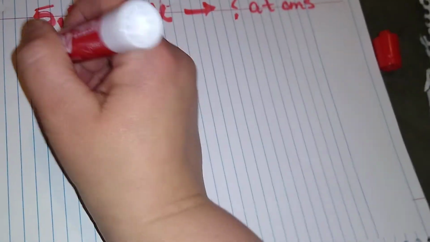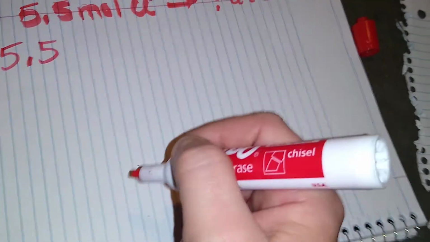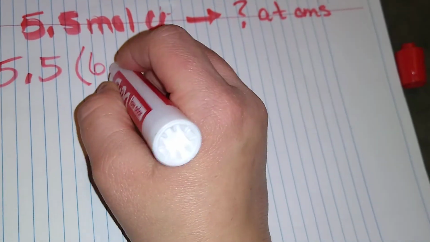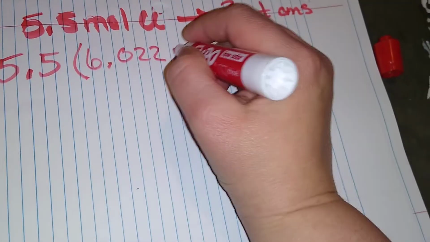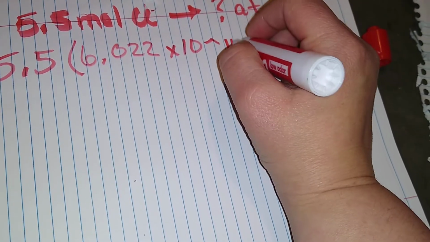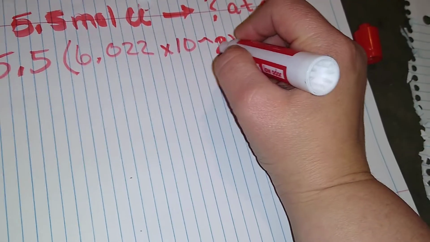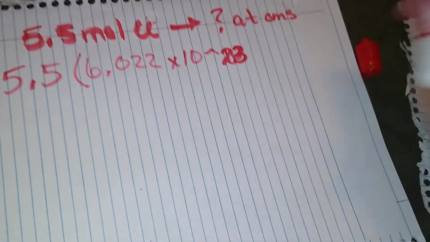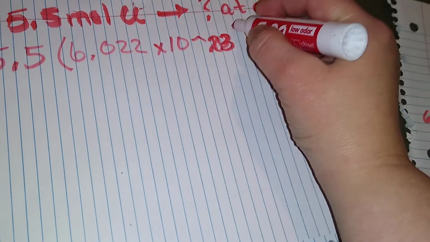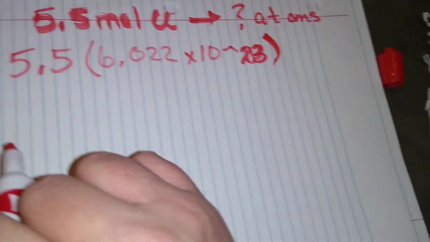So you're going to take 5.5 and multiply by Avogadro's number, 6.022 times 10, and then use the caret button, to the 23rd. I'm sorry, that's supposed to be a 23, guys. I'm super sorry.